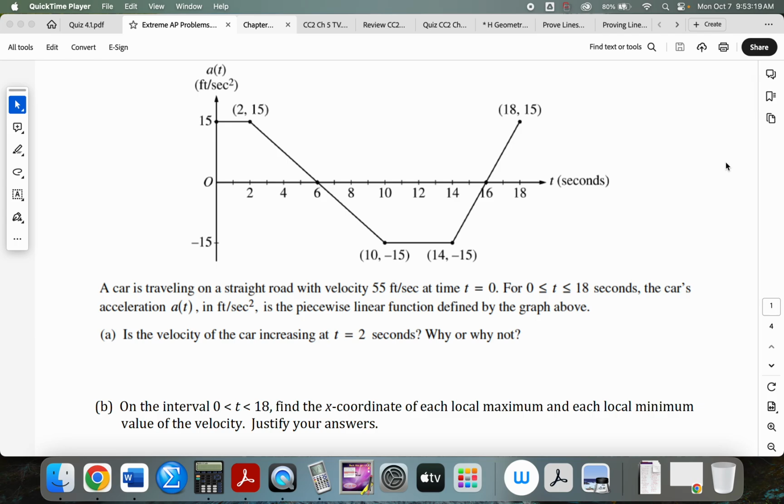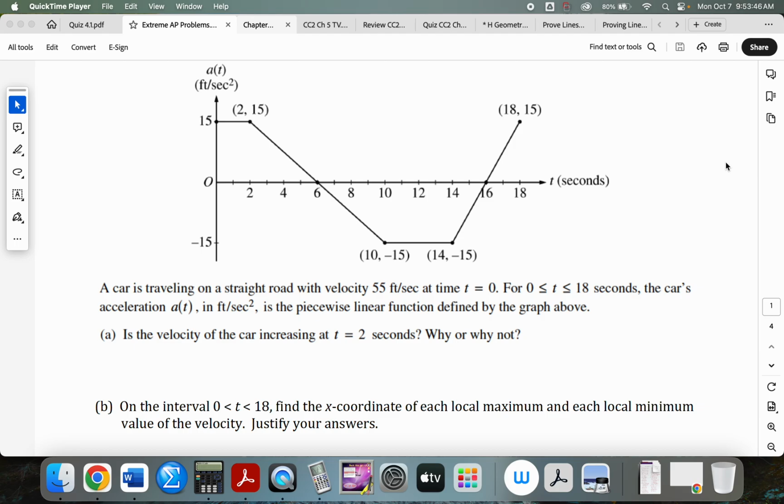A car is traveling on a straight road with a velocity of 55 feet per second at time t equals 0. For time between 0 and 18 seconds, the car's acceleration in feet per second squared is the piecewise linear function defined in the graph above. Is the car's velocity increasing or decreasing, or excuse me, just increasing at t equals 2 seconds?